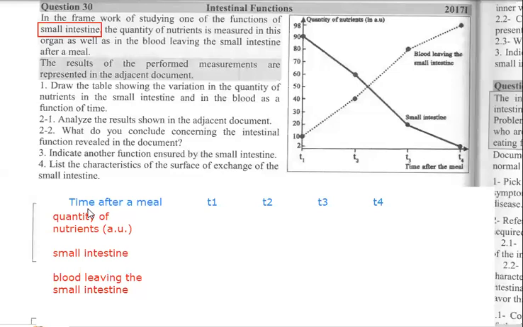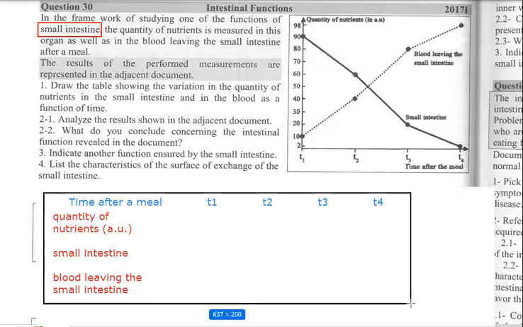Remember, we always draw the table with a pencil and we write inside with a pen. So this will be our table. The table must be closed and we draw the lines with a ruler for sure.